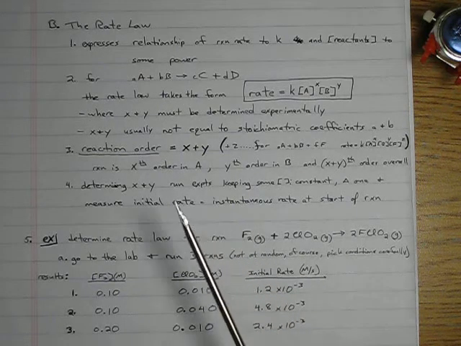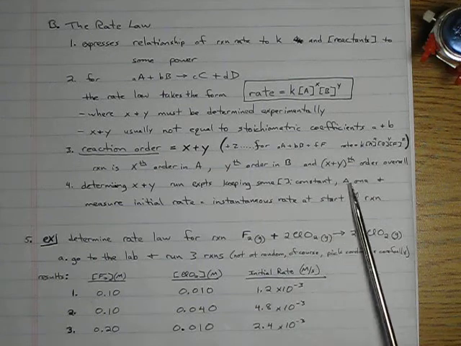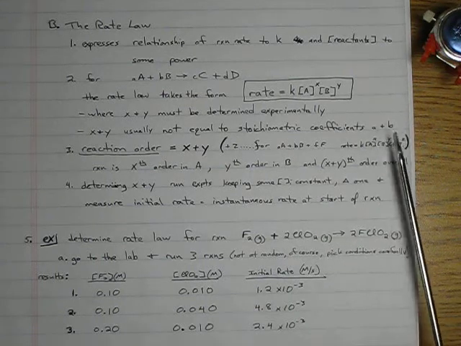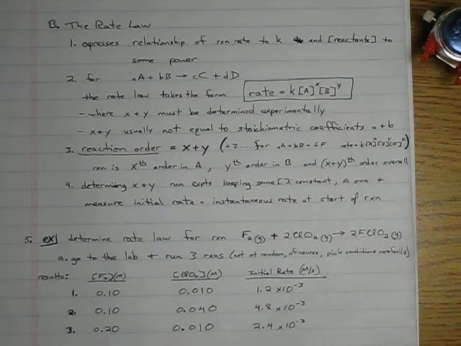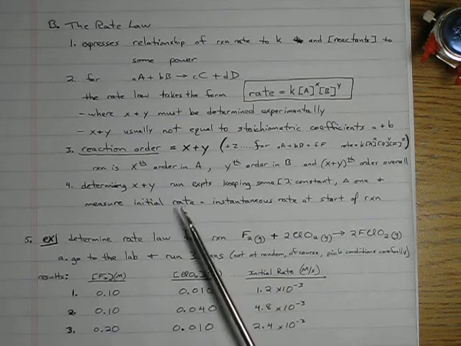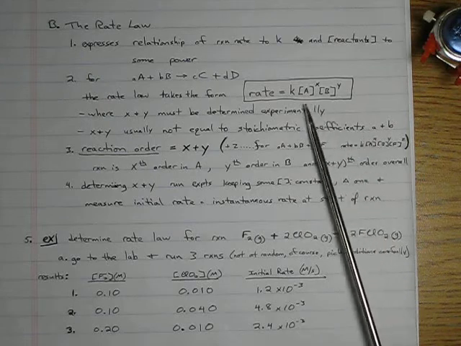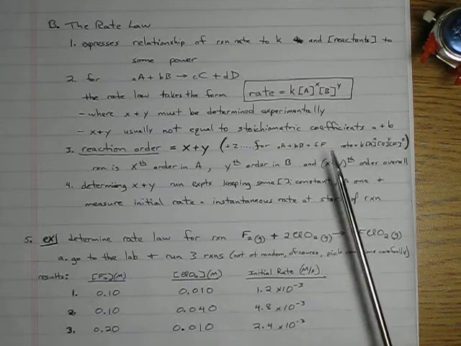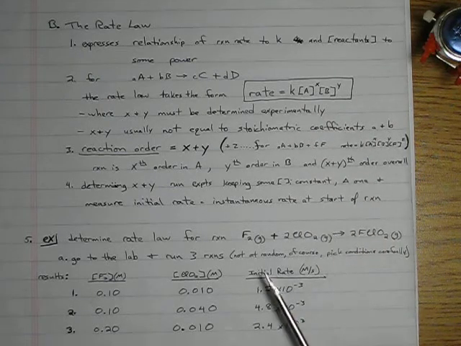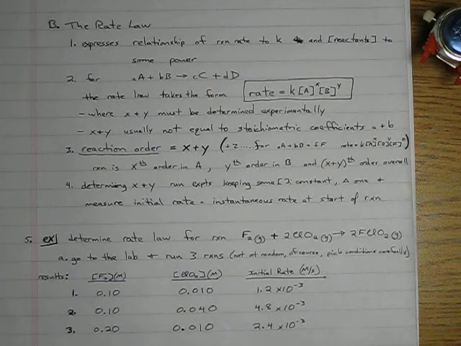You need to run the experiment, and if I have two variables, X and Y, I need a couple of equations. So I need to run the experiment at least 3 times here. With 2 reactants, I need 3 runs, and look at what happens to the rate. I'm going to change the concentration of the reactants as I run the experiment the next time, and see how changing the concentration of the reactant changes the rate of the reaction.